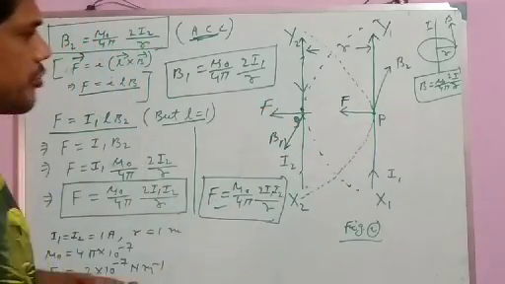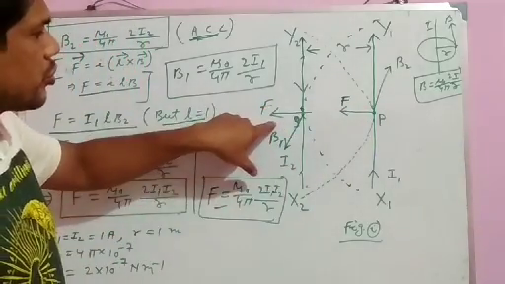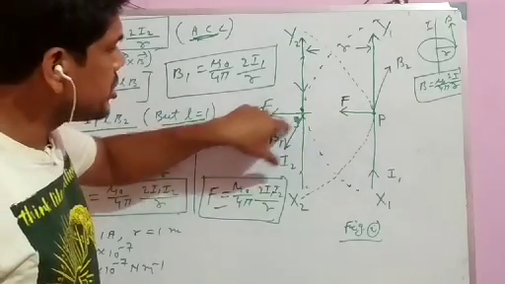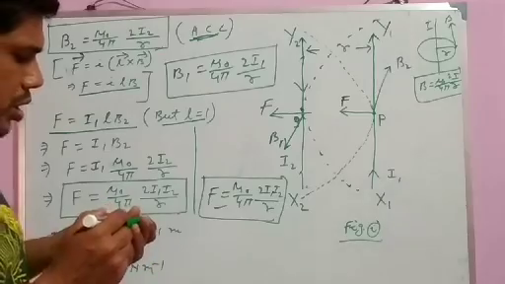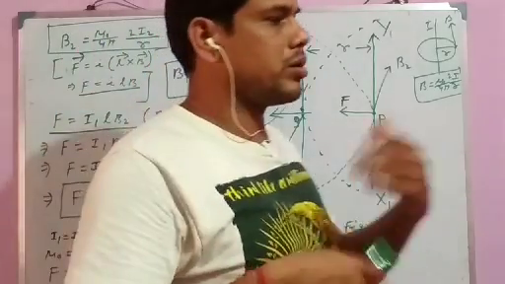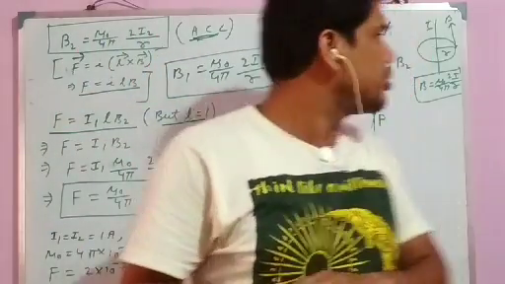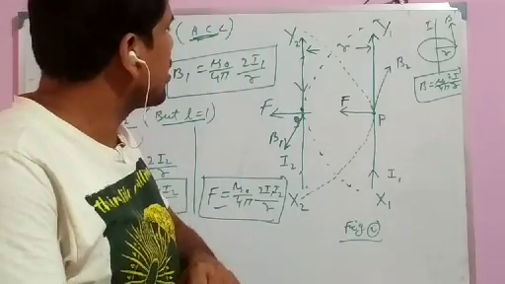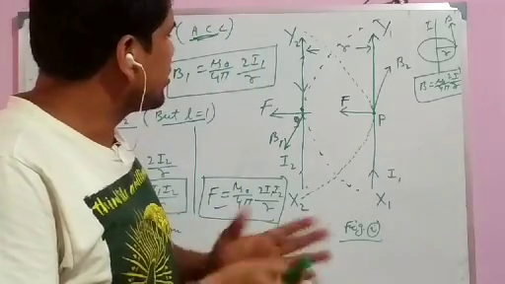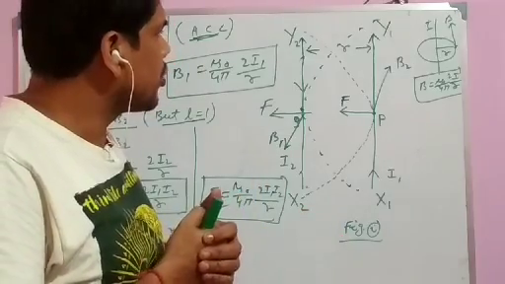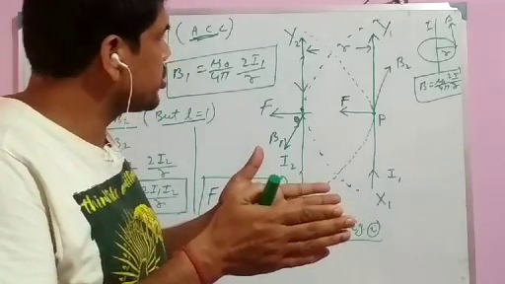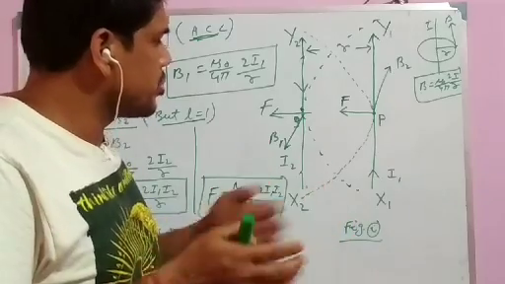Due to these forces, they will repel each other. So when two current carrying conductors are infinitely straight and infinitely long, and the currents flow in opposite directions, and both are placed very close to each other, they repel each other.